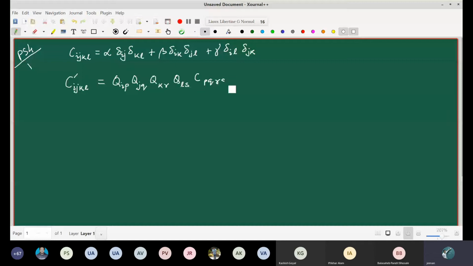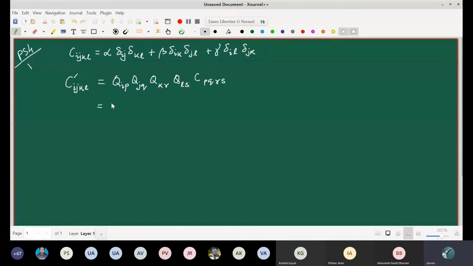I am basically using my understanding from the first chapter. Now for this C_PQRS, I can use this form.